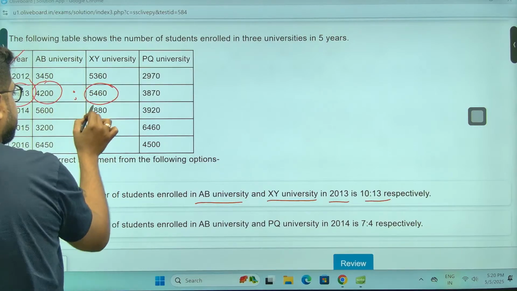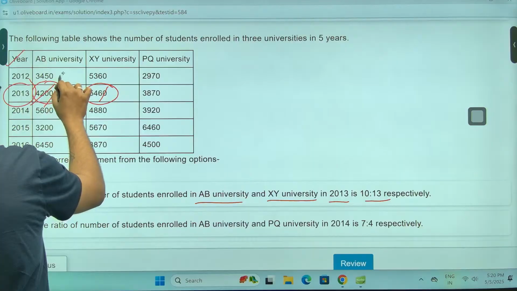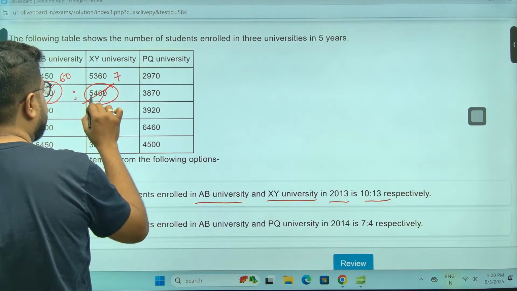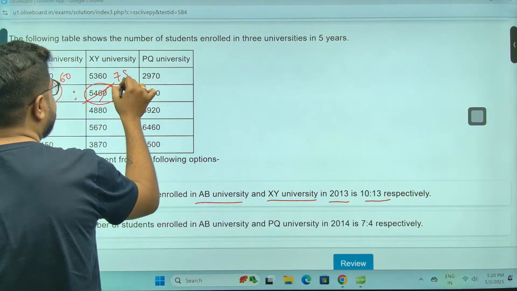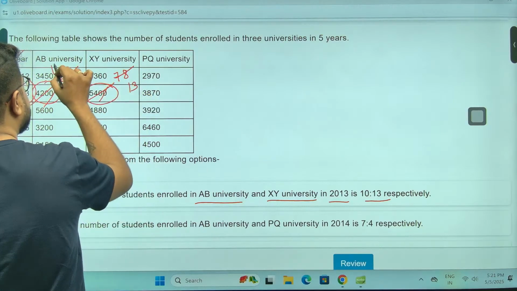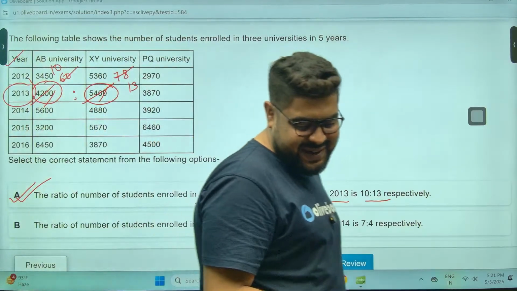So this ratio, the zeros are gone, it divides by 7, 7s are 49, 56, 7 8s are this. 6 13s are this, 6 10s are this. Sir, luckily statement A is the correct answer.